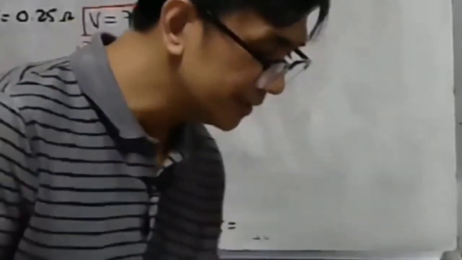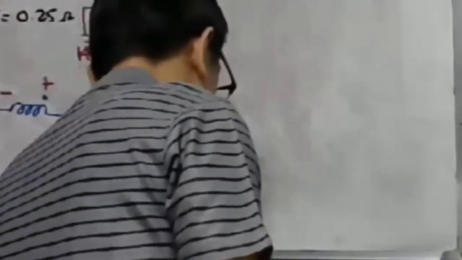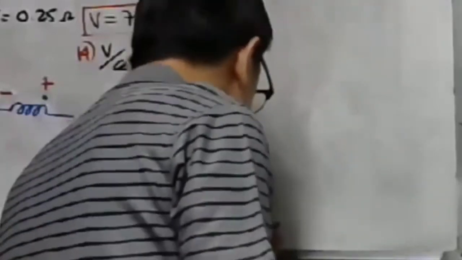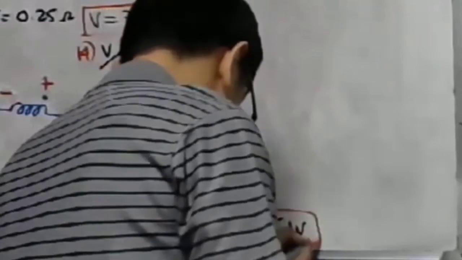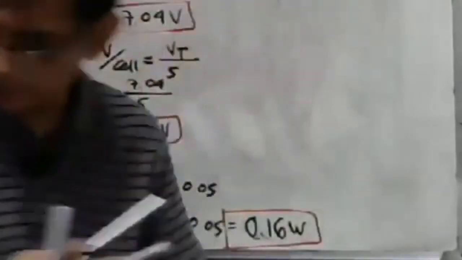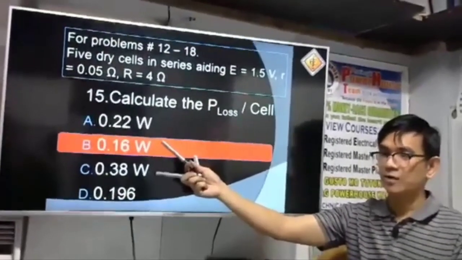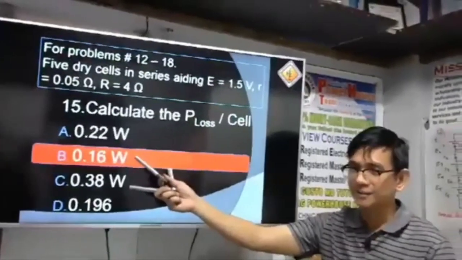If I round this off, because that is 0.15488, that is actually 0.16. And that is letter B. Okay? Can you follow? Nakuha po ba? Nakaware pa? Ano? Gising pa ba kayo dyan?